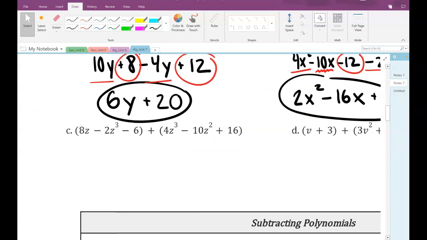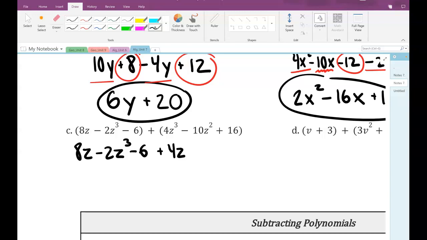All right. Next one, C. We don't have a plus minus here, so we're just dropping the parentheses and we can go from there. We could say 8z minus 2z cubed minus 6 plus 4z cubed minus 10z squared plus 16. So you're going to have to go on a little scavenger hunt through your polynomial to find your highest degree terms.